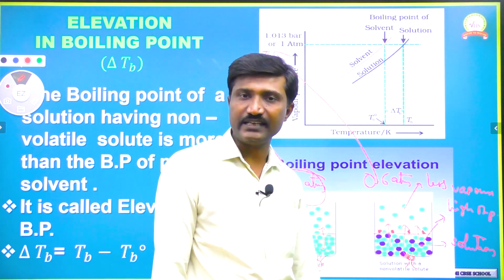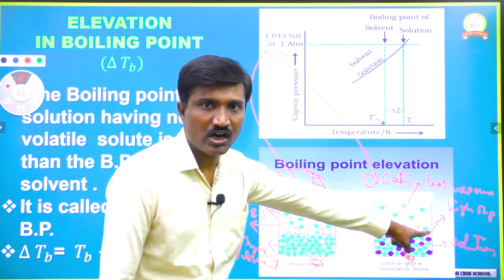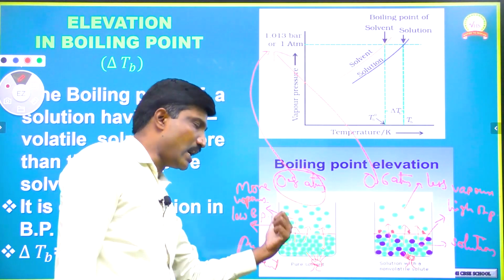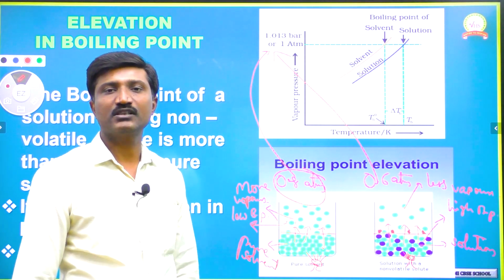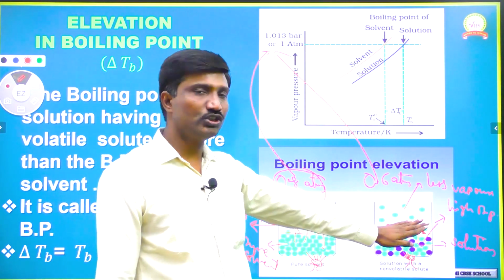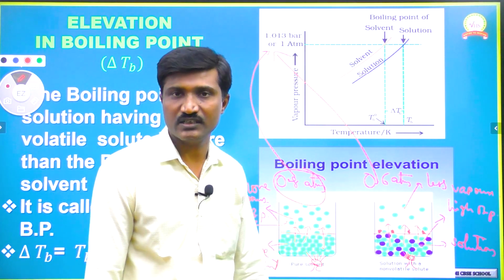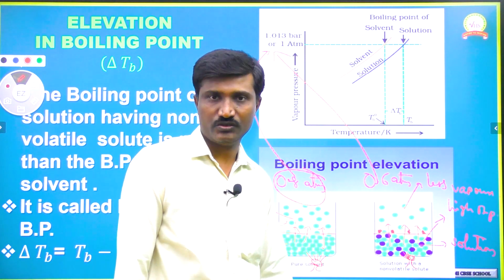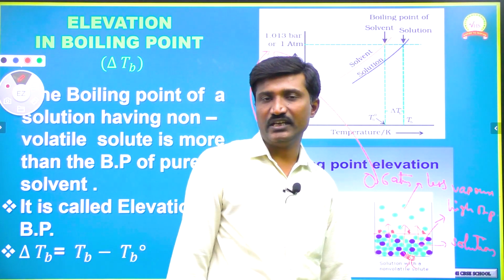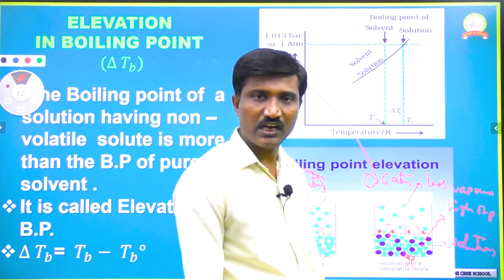That means, do we say that the boiling point of this solution is more than the boiling point of the pure solvent? Yes. Why is it more? Due to the decrease in the vapor pressure of that solvent in that solution. Is there any relation between vapor pressure and boiling point?